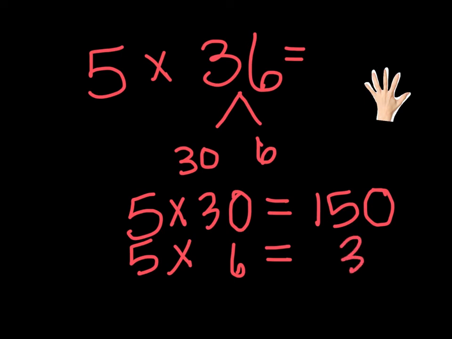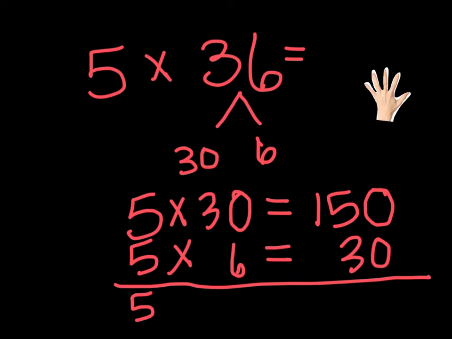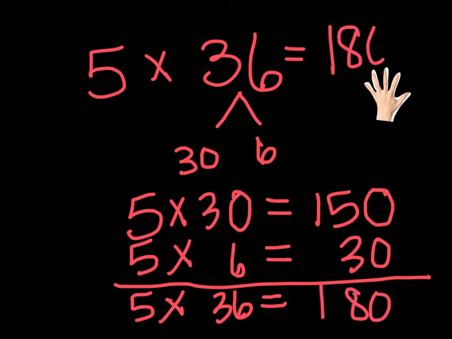Is 30. Your final step to this problem is you're going to combine your numbers again. So you get 5 groups of 36 equals 180. So 5 groups of 36 is 180. See? So this is a great way to make a hard problem feel super easy.